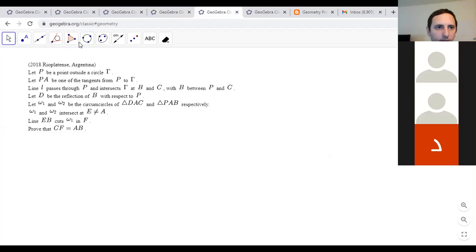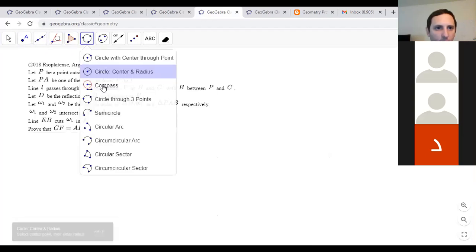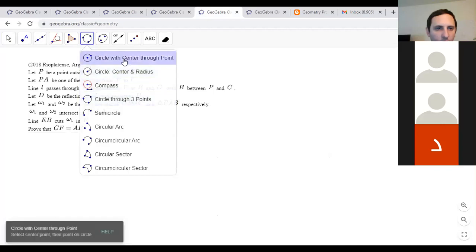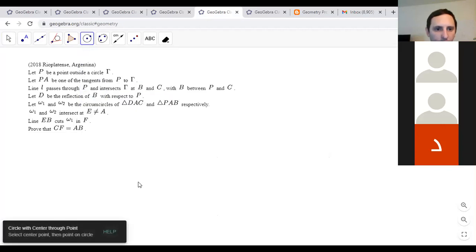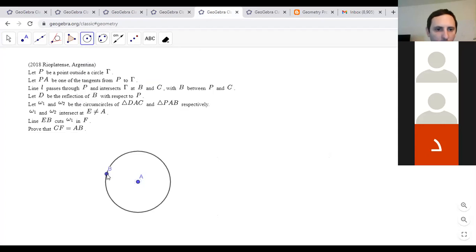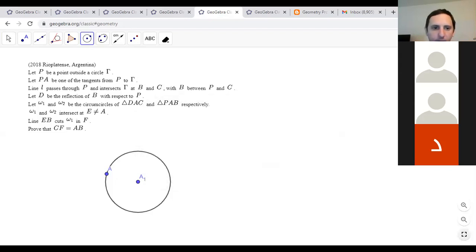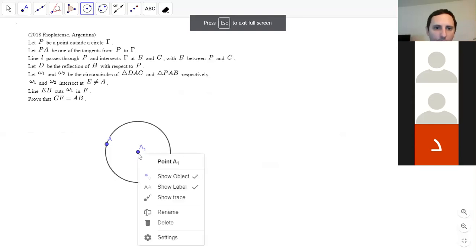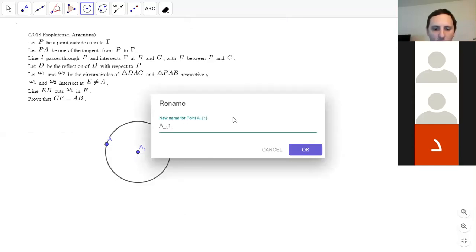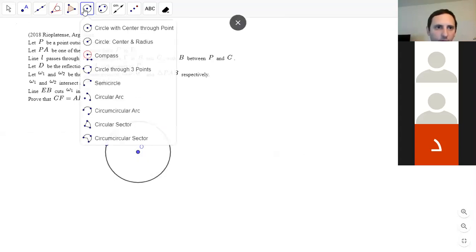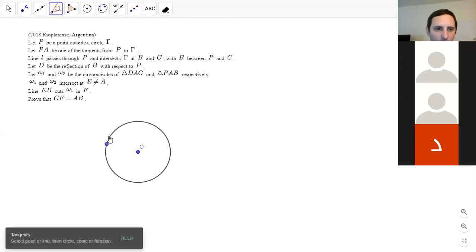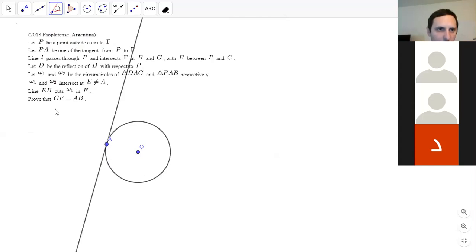So we have a point outside of a circle, and PA is one of the tangents. So I'm going to do it like this. I am going to call this A. But let me maximize. I keep forgetting to maximize stuff. And this, we will call it O. And then I will draw the tangent at A, and I will put a point P on it.